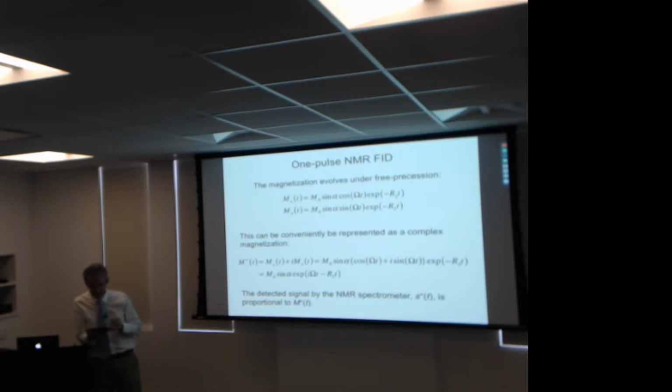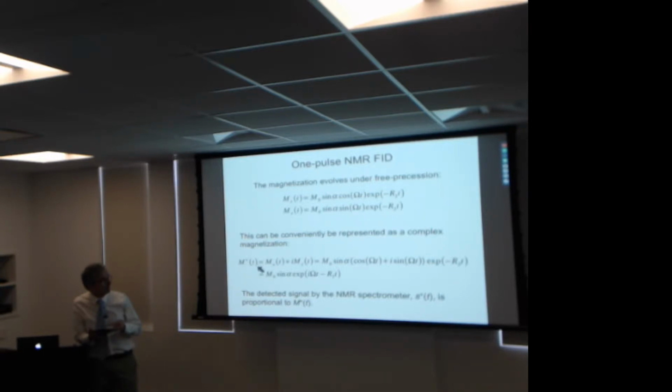So here's the x magnetization. And then we just add in the trig factor. I've just added in damping with R2. And here's the sine component on the y-axis. And then it's convenient mathematically for us to combine these two into a complex magnetization.